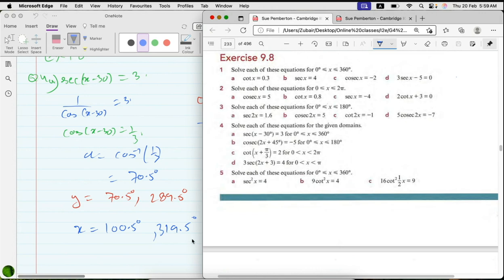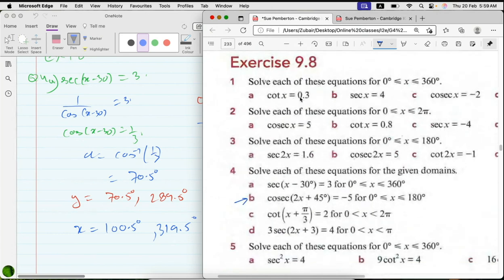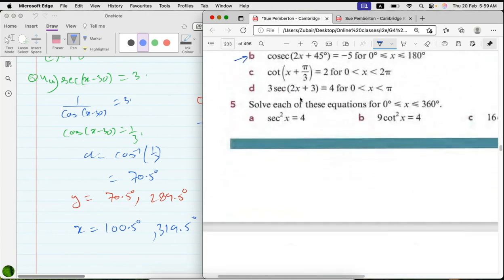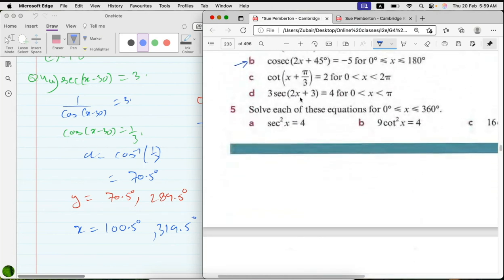Okay. Try 4B. The one at the top. Domain is 0 to 180 for x.